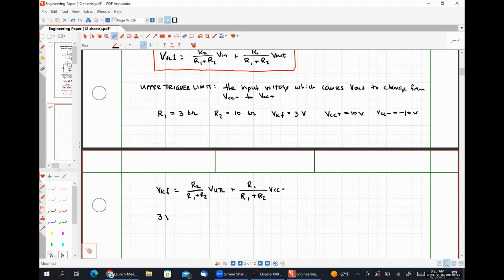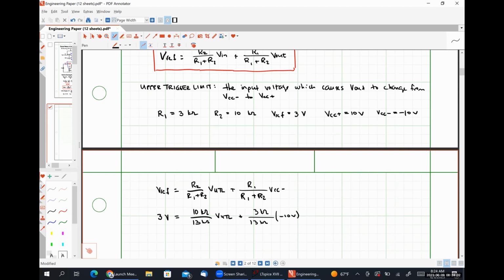So we're going to have 3 volts will be equal to 10 kiloohms over 10 plus 3 is 13 kiloohms times our upper trigger limit voltage that we're trying to solve for, plus R1, which is 3 kiloohms, over R1 plus R2, once again, 13 kiloohms, times VCC minus, which is negative 10 volts.